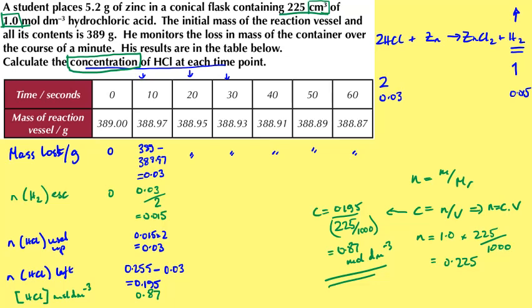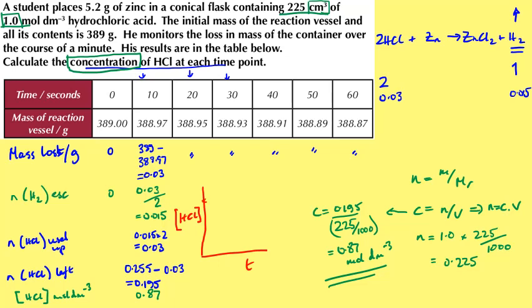And if you did do that for all of the other data points, you would have 1, 2, 3, 4, 5, 6, 7 values of concentration of hydrochloric acid at 7 different points of time. And so then you could plot a concentration versus time. So that would be the concentration of hydrochloric acid over time.